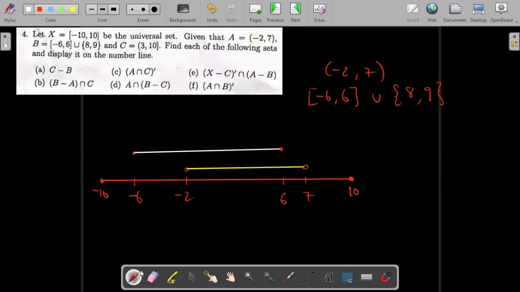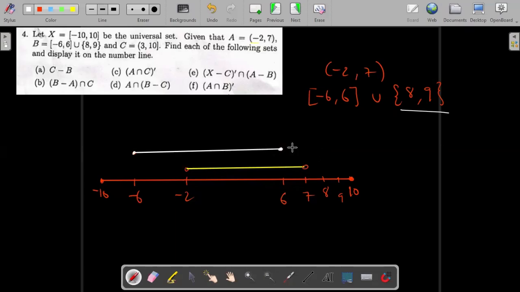Then my set B is also the union of these two points, 8 and 9. So if my 8 is here and my 9 is there, I'll shade these parts with white to differentiate the two.